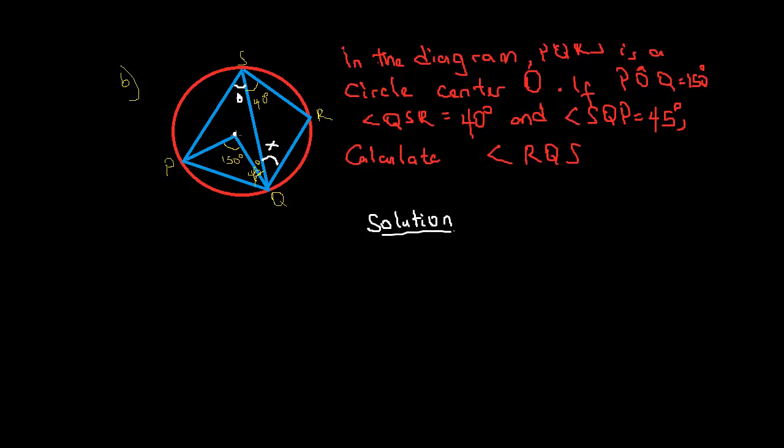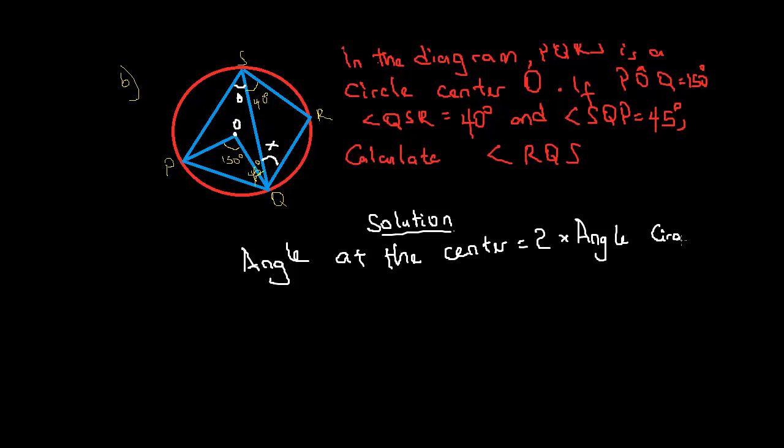Angle at the center, remember that this is the center O. Angle at the center is equals to 2 times angle at the circumference. Now, be very careful because the circumference has to be directly facing the center.